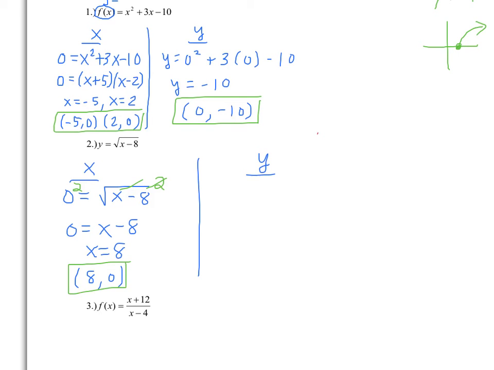Now the y-intercept, same idea. We're going to substitute in 0, but this time, since it's a y-intercept, we're going to plug in 0 where we see an x. So now we go to clean this up. We have the square root of negative 8. Hopefully you're thinking that doesn't really make sense. How do I take the square root of negative 8? Well, we can't.